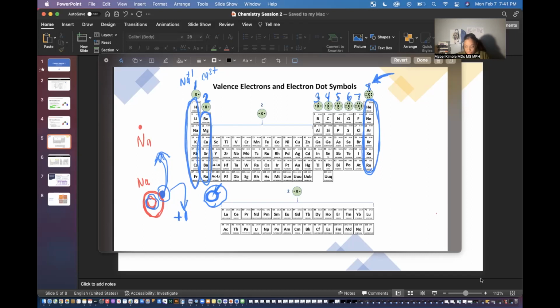Why is it not going to participate in anything? Is it because it has an even number of electrons, right? It's even. And what does that mean when it's even? It means it doesn't have to lose one of its electrons.